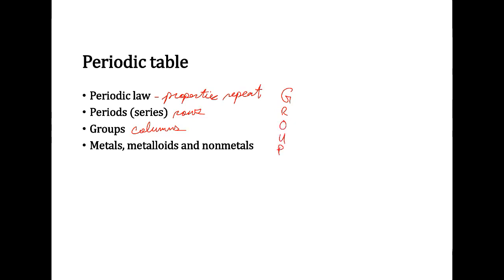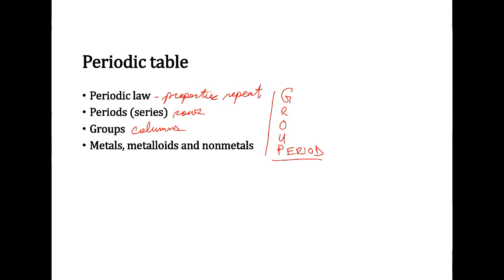So we would call that a group. Okay, and we'll explore some of the different groups here in just a little bit. And then the rows are periods. So I usually use this right here to remember which way groups and periods go. So we have groups, that's vertical, and then periods are horizontal.